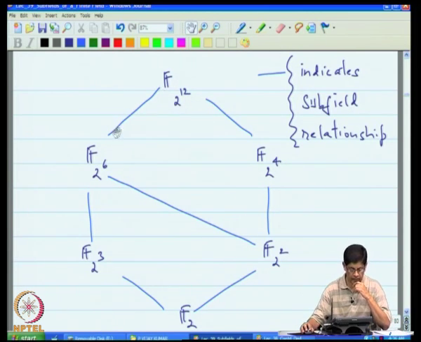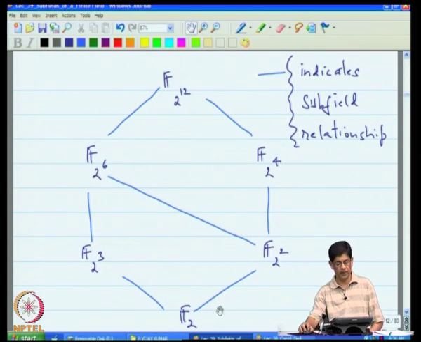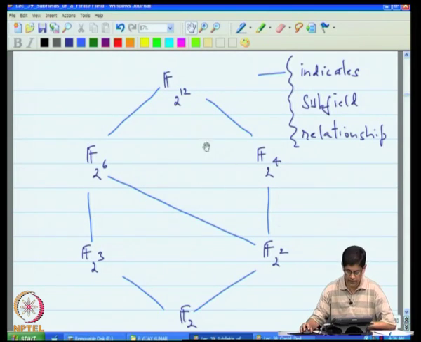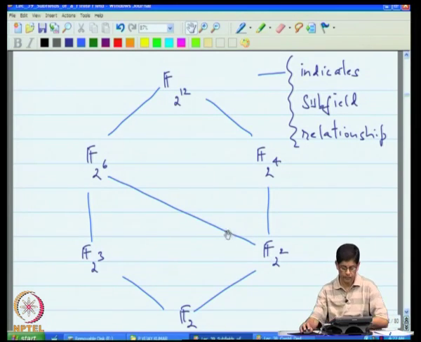In this figure, whenever we draw a line, what we mean is that the element above contains the element below, whether linked by a single line or multiple lines. So, it is also true that F_2^12 contains F_2^4, which contains F_2^2, and therefore, it is clear that F_2^12 also contains F_2^2.